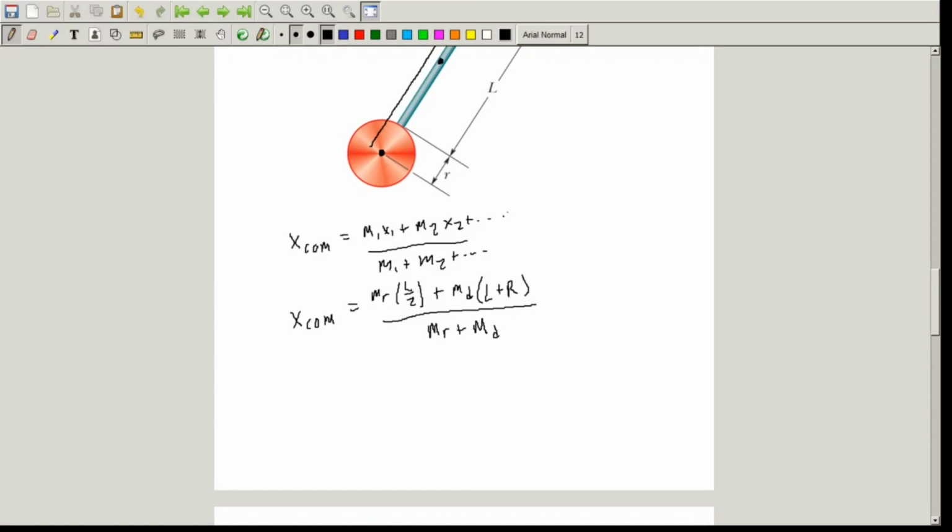And if we plug all of our values in, we end up with the center of mass of the pendulum being 0.477 meters away from the pivot, or 47.7 centimeters.